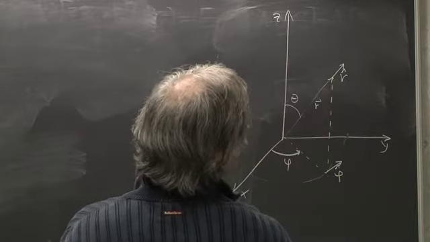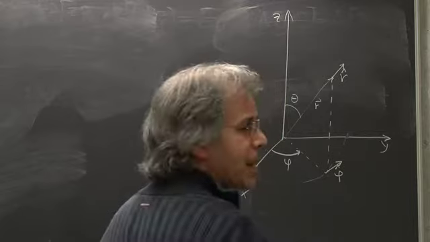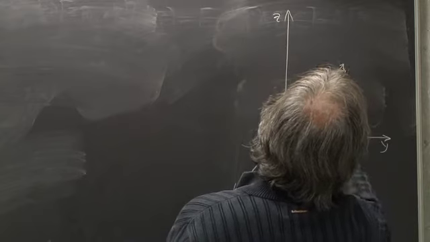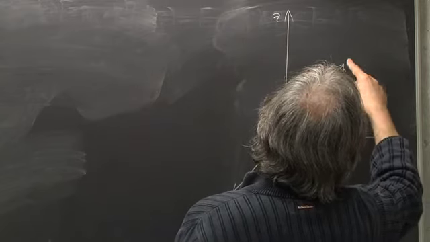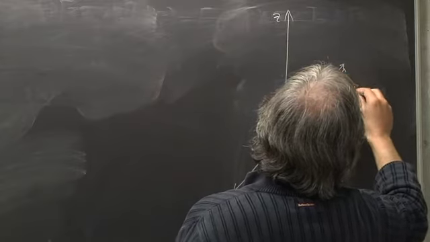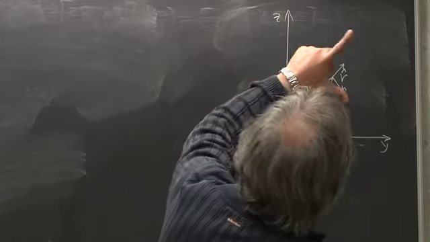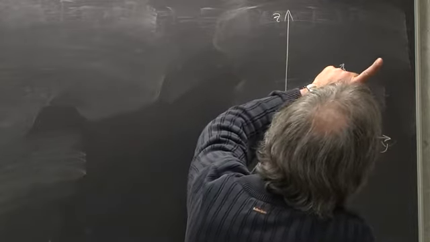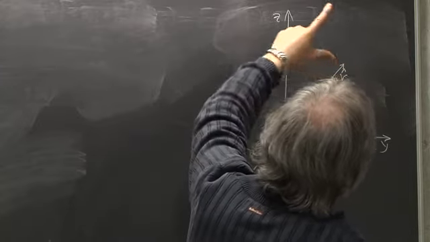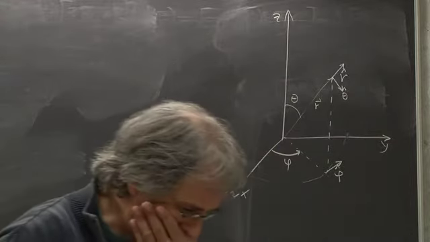Okay? I should draw it in principle all in the same place, but it's probably easier to. And another one has to do with theta, and so it's orthogonal to r and to phi, and it goes like that. Okay? So r, theta, and phi are three unit versors, which are associated to the radial, theta, and phi direction.